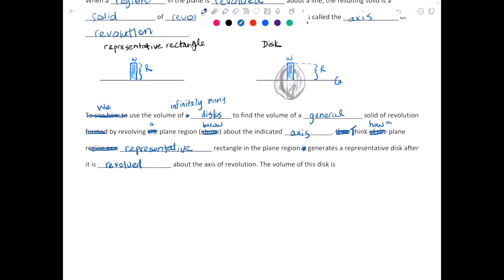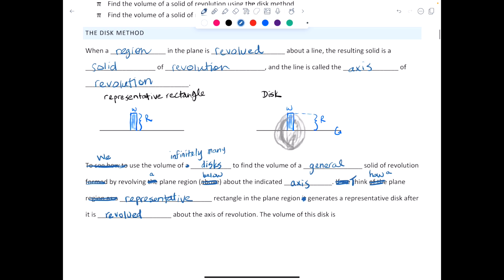So the volume of this disk, so here, if you think of these two that we looked at initially, right, you would have the single volume of a disk where the width is kind of like the height of a right circular cylinder, right? And the radius is the radius, right?